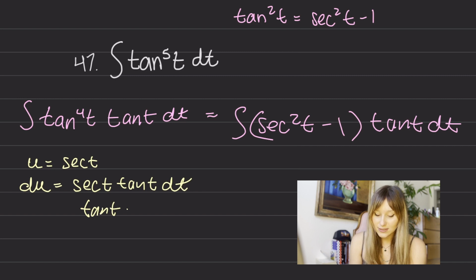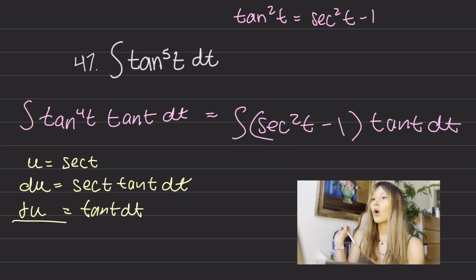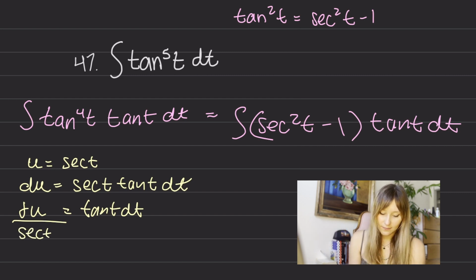We have the tangent t dt, and that is good enough because we're just trying to get rid of the dt here. So we get tangent t dt equals du over secant t. And now let's plug her in, period.